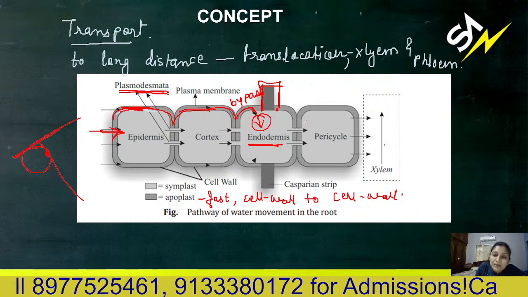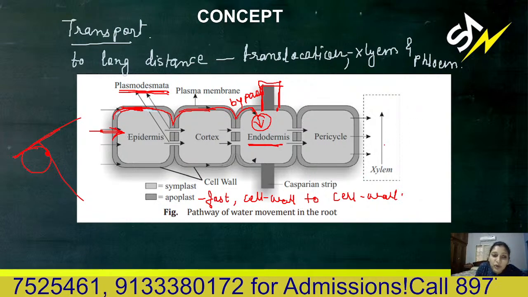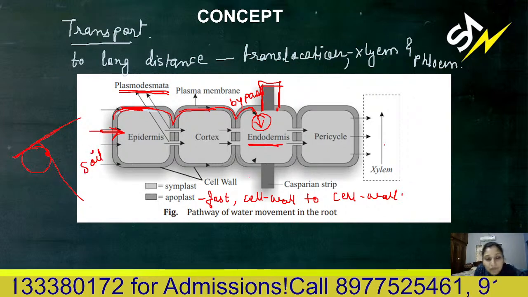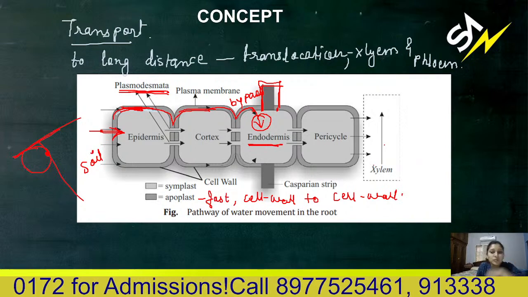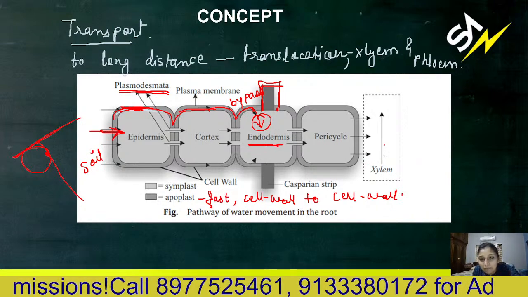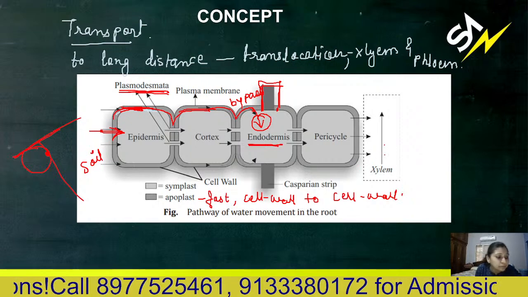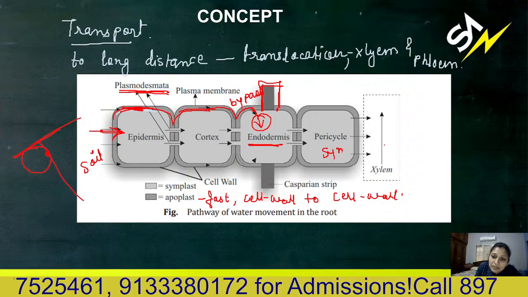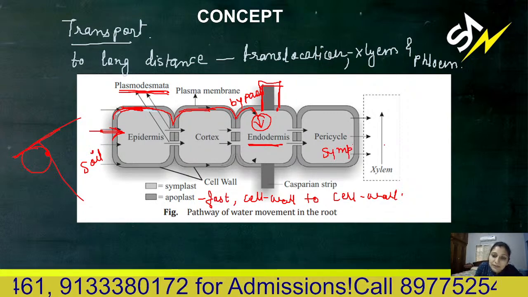So always remember, the final transport of water from the soil, through the epidermis, cortex, endodermis and pericycle, finally to the root xylem, is by symplast. Always finally it is by symplast.